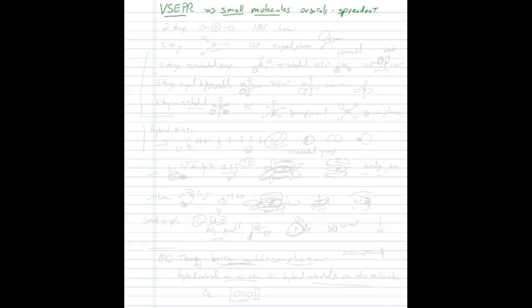The main thing that you have to do is look at how many things are attached to a central atom. If there are two things, atoms, lone pairs, whatever it is, attached to the central atom, they will be separated in three-dimensional space by 180 degrees, which is linear.